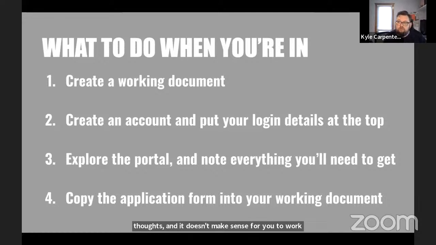So what we recommend is, first thing, when you get in, even before you read everything, start copying and pasting all the questions, all of those maximum word counts, those maximum character counts, into a different document that you can work on outside of the portal. We use Google Docs, which we like because A, it's free, and B, it's really easy to collaborate.